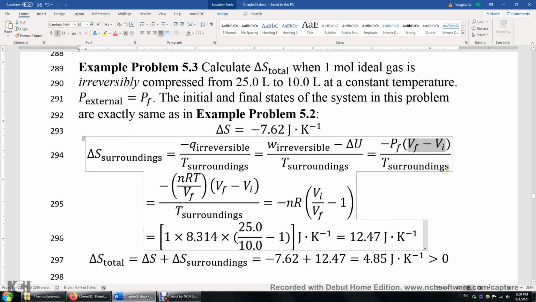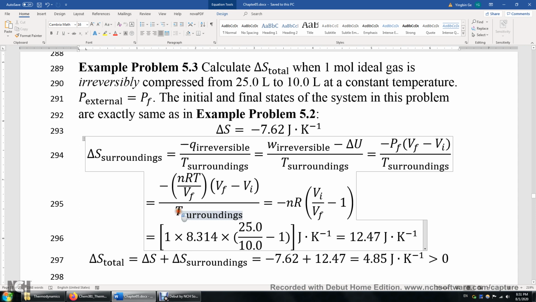All right, and then we can simplify the top part. We can say this P final is simply nRT over V final, and then we can combine these two terms, and over here, this is of course the temperature of the surroundings. However, for the isothermal process, we assume the temperature of the surroundings is equal to the temperature of the system.